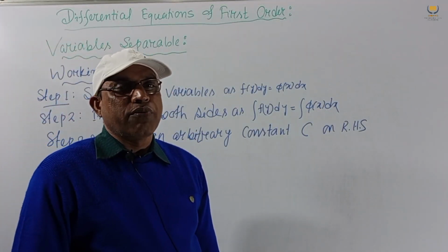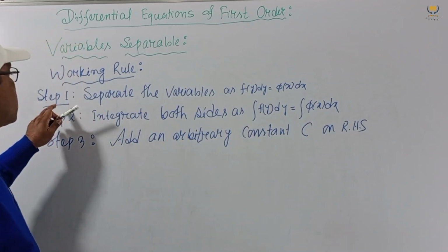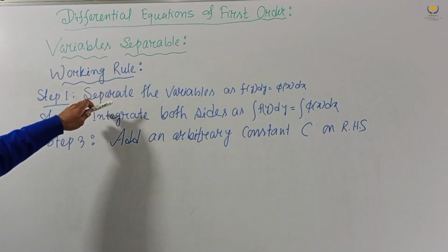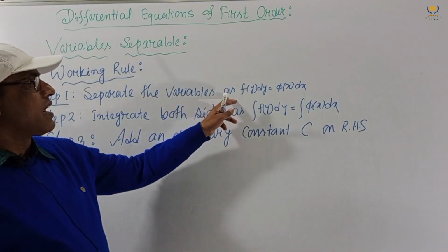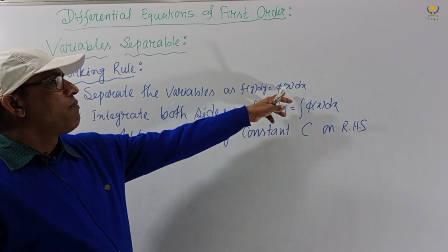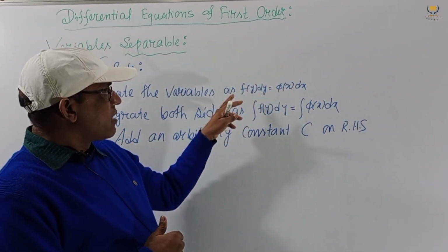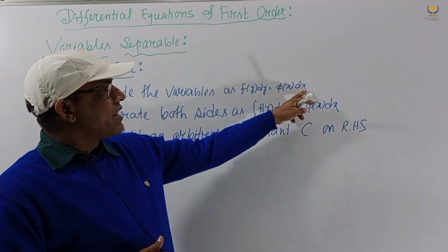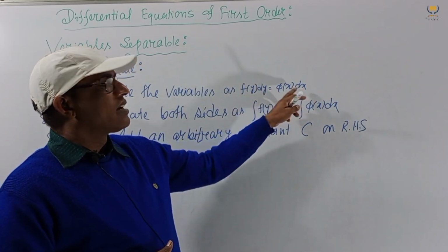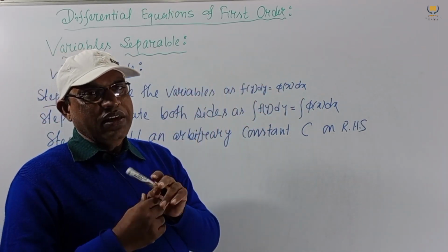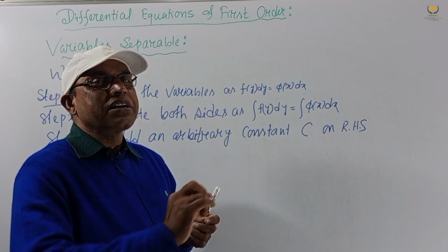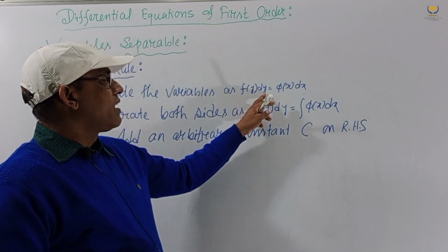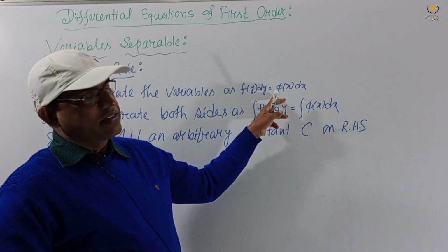Some working rules you have to maintain. Step 1: separate the variables as f(y) dy = phi(x) dx. We separate dy with y and dx with x. If x and y are mixed up, we separate them, writing dy with y and dx with x.